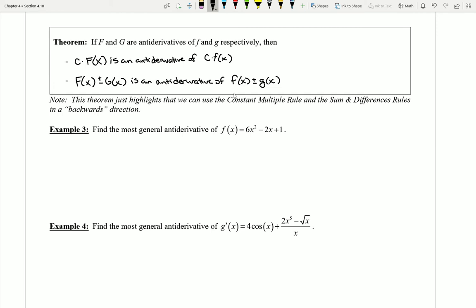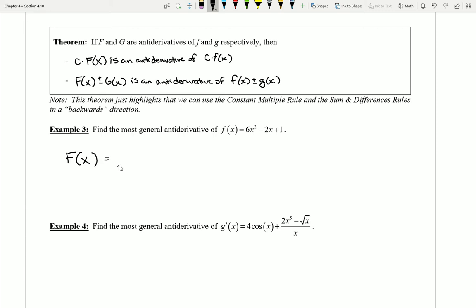Now I can see kind of how this comes into play by taking a look here at something like example number 3. So here I'm going to be interested in finding the most general antiderivative of my function f of x. So that is, I'm looking for capital F. And so I can essentially look to do an antiderivative of each of the individual pieces here because I know that my sum and difference rules can kind of be applied in a reverse order.